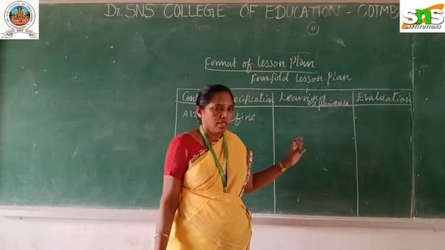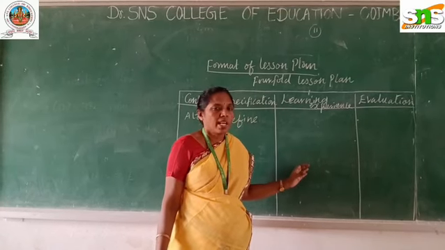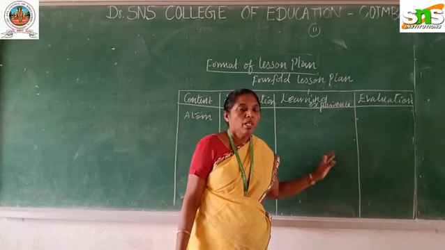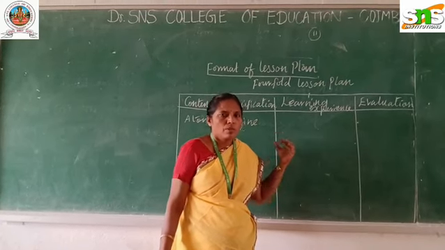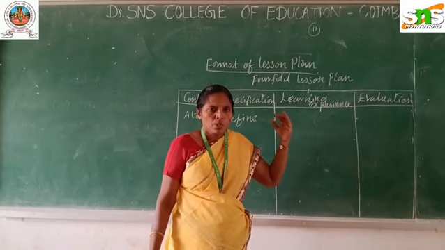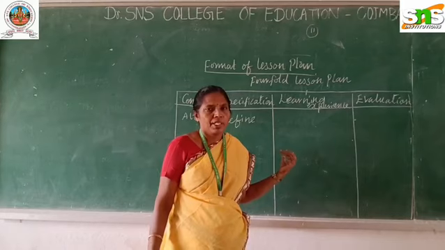Like that you write the student activity here. Then in the evaluation part you ask the question. Likewise, when you finish the objectives you framed, that order is reflected here.